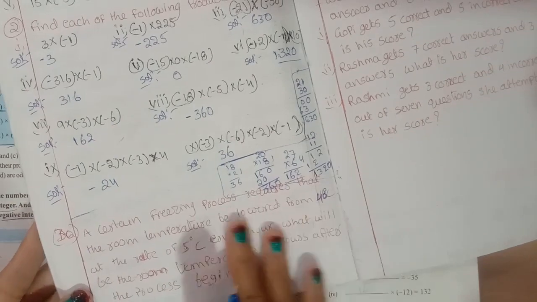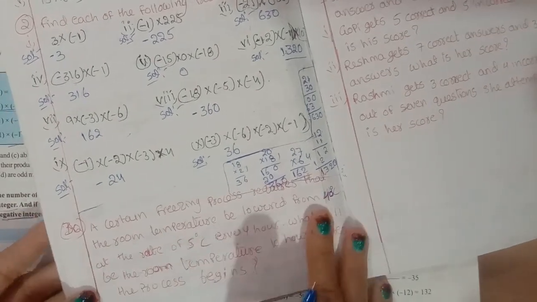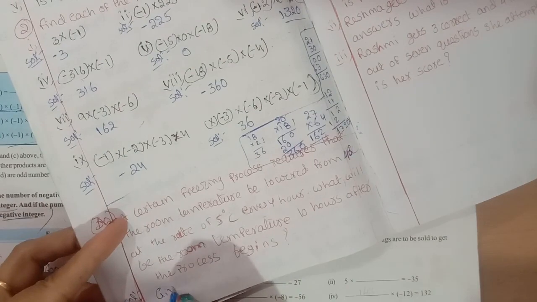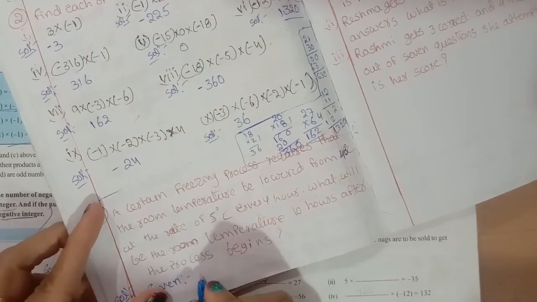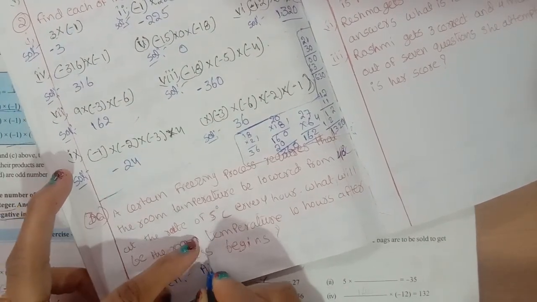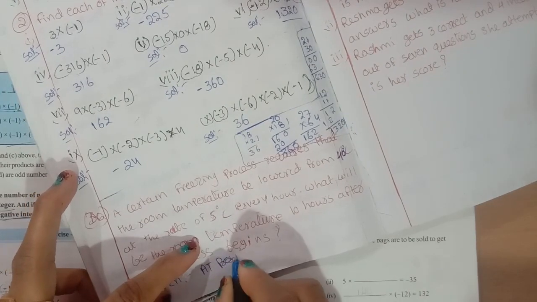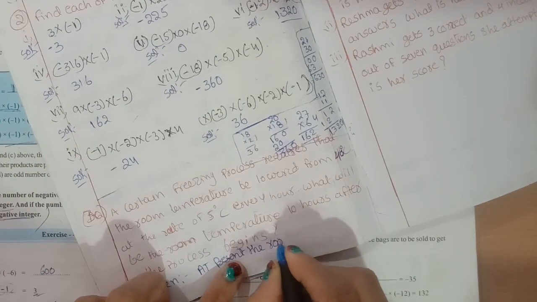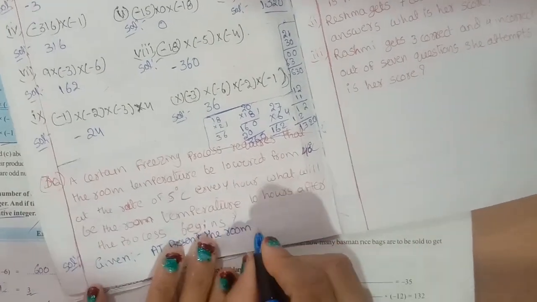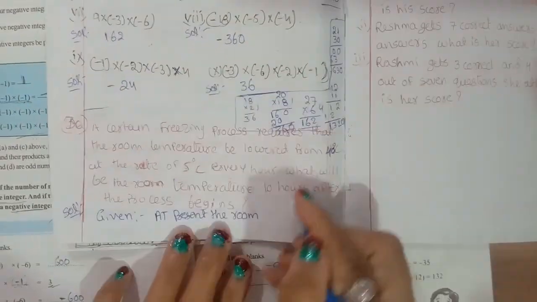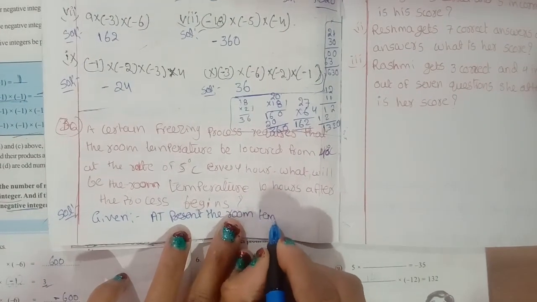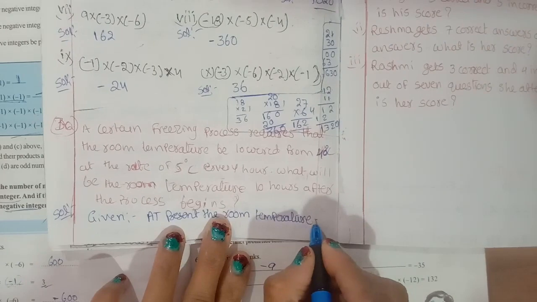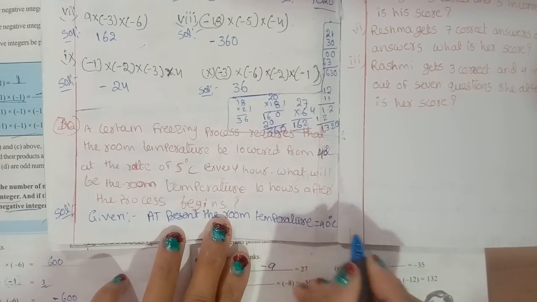Write down the given data from the problem, Gagan Sai. Given data: at present, the room temperature is equal to 40 degrees centigrade only.